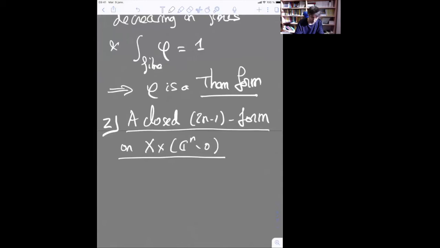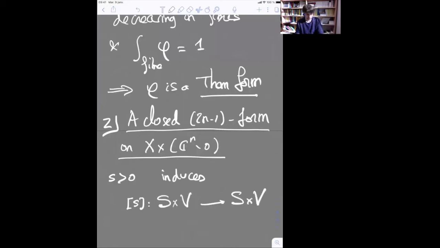So pick a scalar s, a positive real number. Now it's not an integer, but it induces a multiplication map in the fiber, which I will denote like that. So multiplication by s in the fibers.